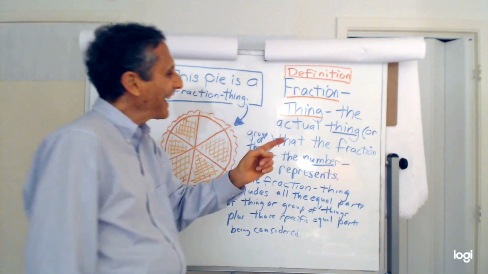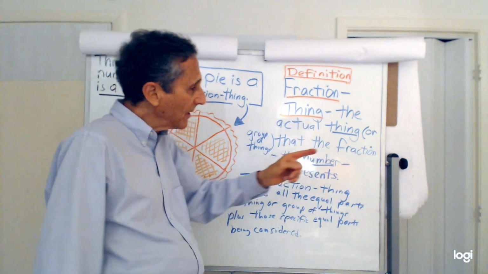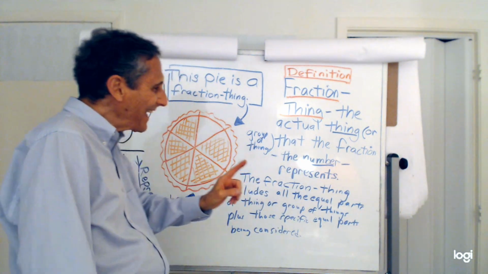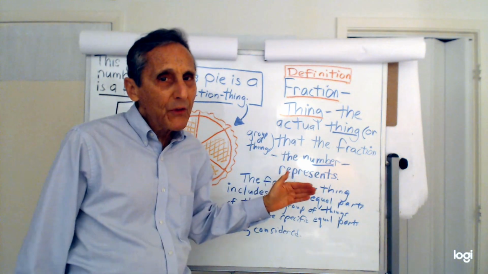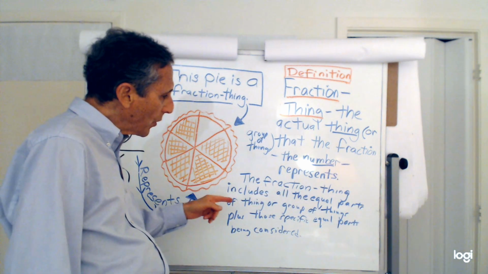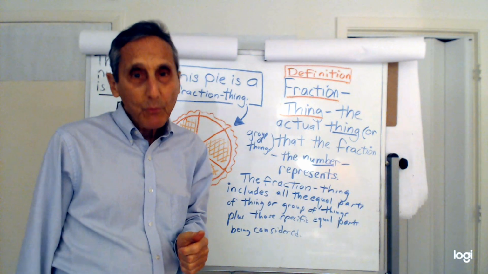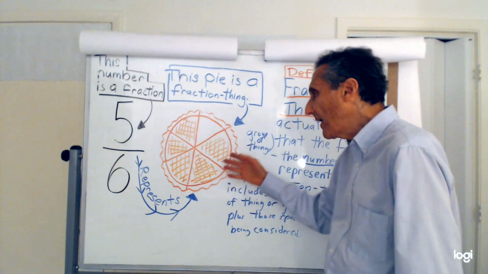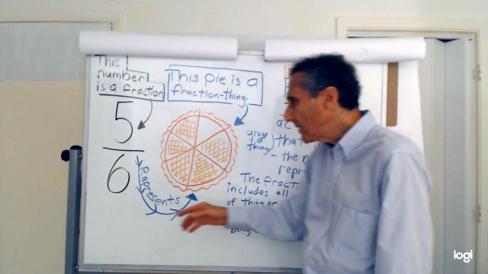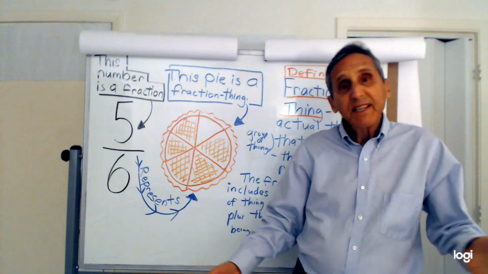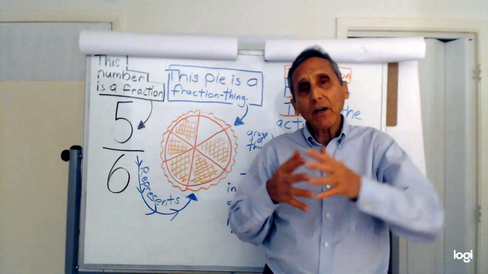Definition, fraction thing: it's the actual thing that the fraction, the number, represents. The fraction thing includes all the equal parts of a thing or group of things, plus those equal parts that we're talking about or are being considered. So fraction thing, all the equal parts is 6. We're talking about 5 of those. That's it. That's numerator, denominator.